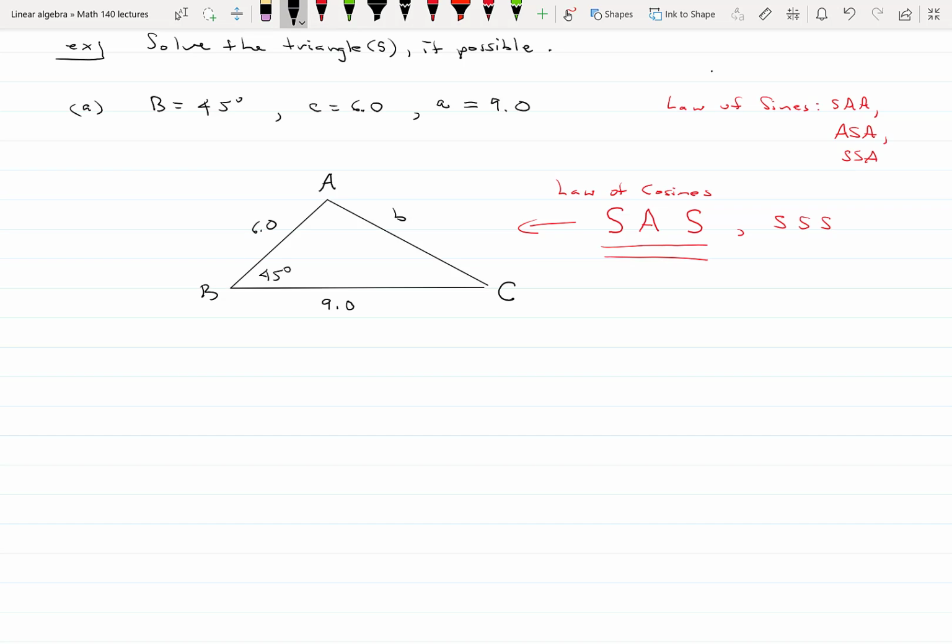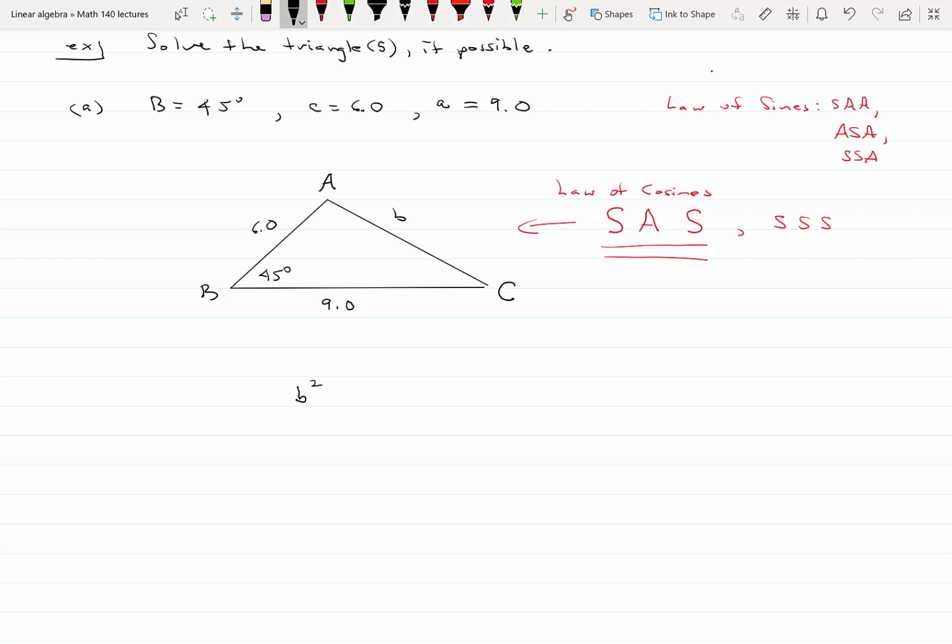And the version of the law of cosines that we're going to use starts with side small b, so b squared. Do you remember what we're going to end with on the right-hand side? We're going to end with the cosine of what?